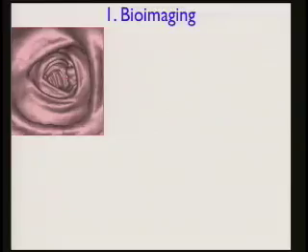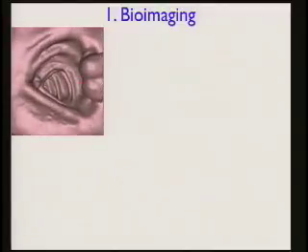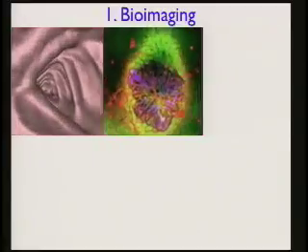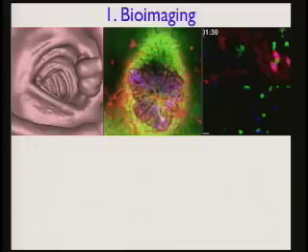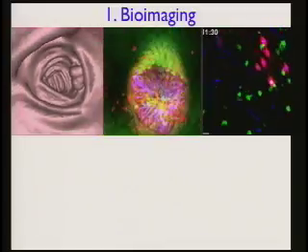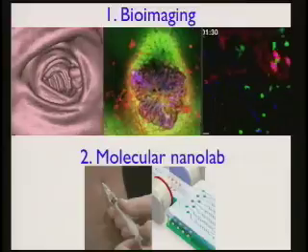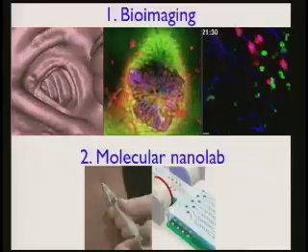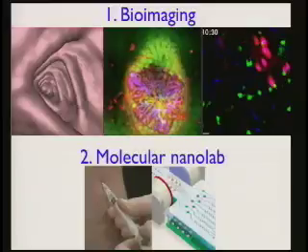One is bioimaging, using nanomaterials to highlight early cancers as we image the body. And then at the cellular or tissue level, using multiple colors, if you wish, to differentiate benign from malignant lesions, all the way down to the cellular level to understand the biology of how cells interact with each other. The other broad aspect where we have used these concepts of multivalency is in the design of molecular nanolabs or in vitro diagnostic devices.